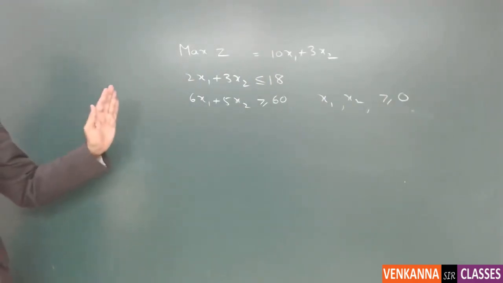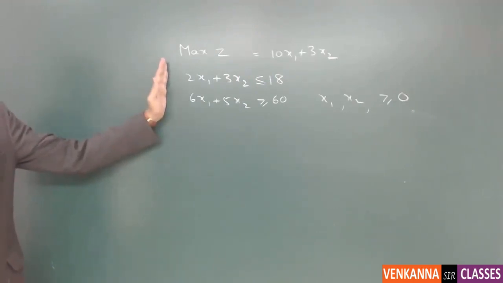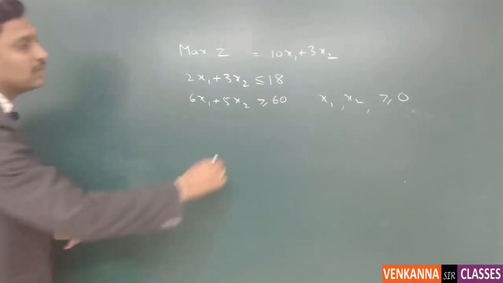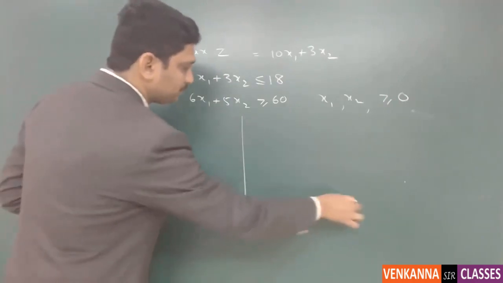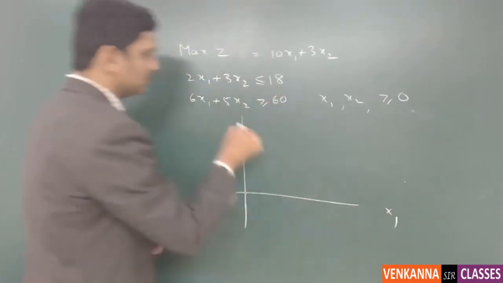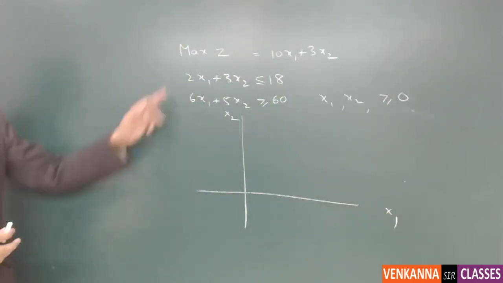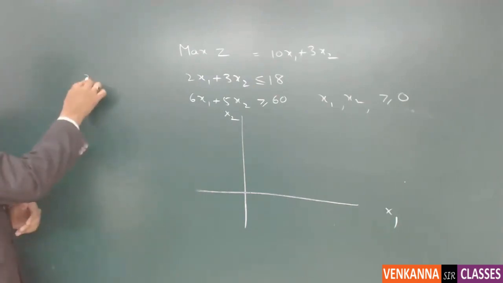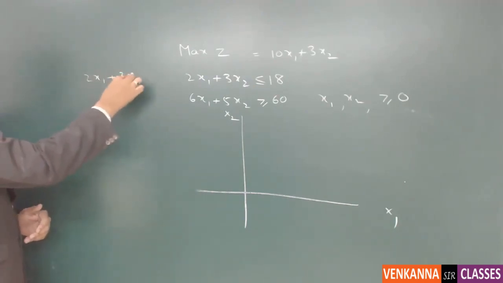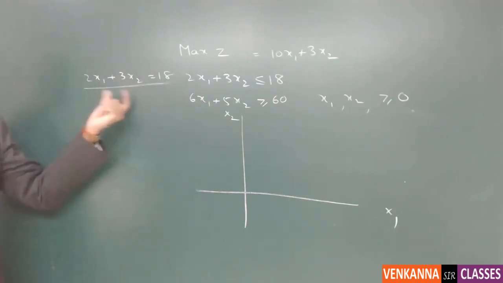So usually we draw the straight lines corresponding to the given inequalities. So let us go with it. This is x1 and this is x2. If you consider the first line, 2x1 plus 3x2 equals 18 as a straight line, you give me the points for it.